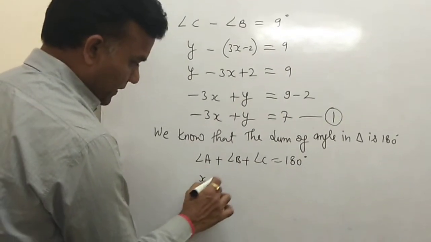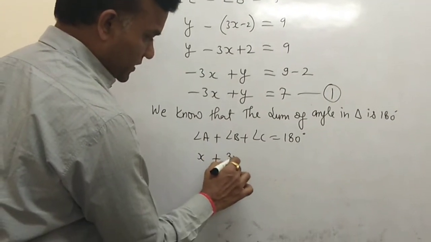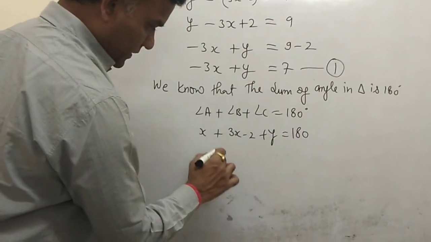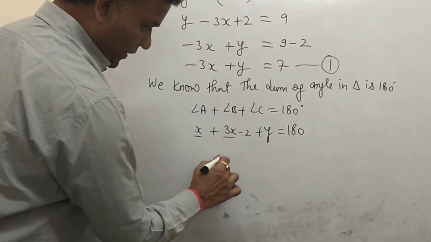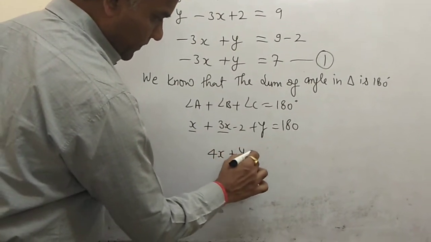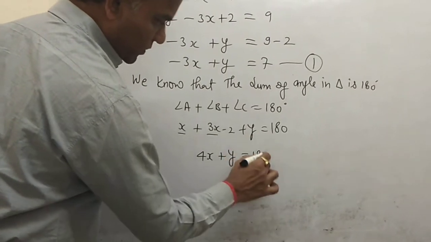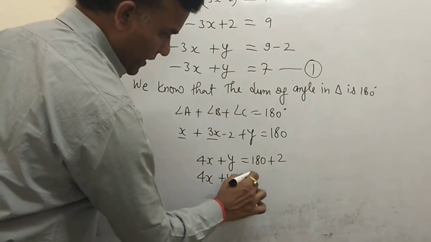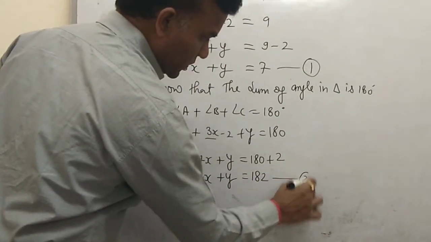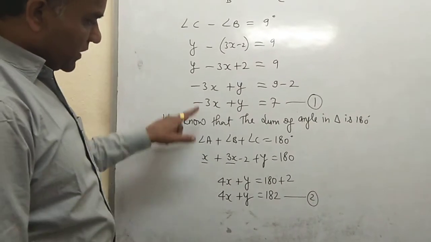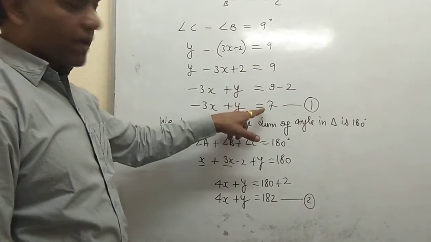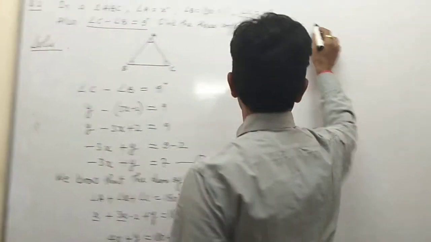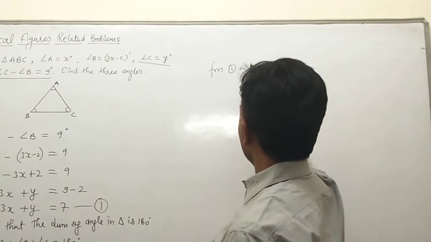Angle A is x, angle B is 3x minus 2, and angle C is y, so 180, and then 1x and 3x is 4x plus y, and here 180 and minus 2 goes to the other side, so plus 2, so 4x plus y equal to 182, equation 2. Okay, so now both equations are framed here. So first equation is minus 3x plus y equal to 7, and second equation is 4x plus y equal to 182. So now you have simplified these two equations, you write down from 1 and 2.